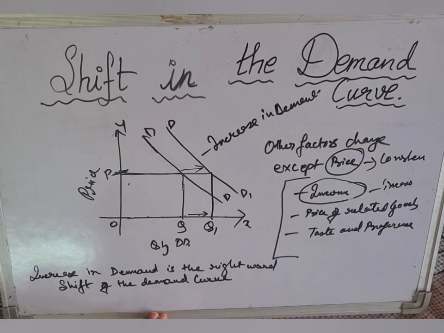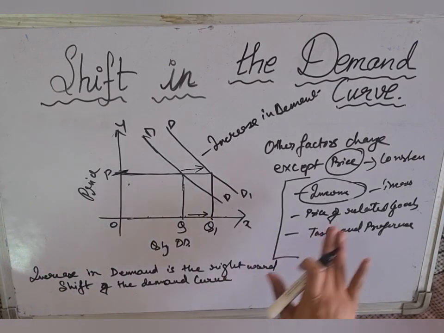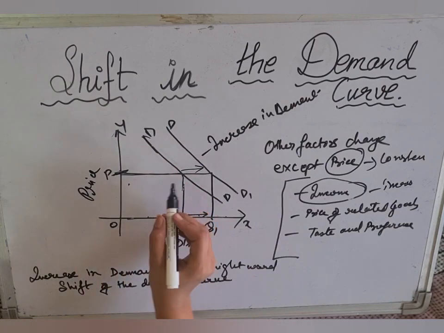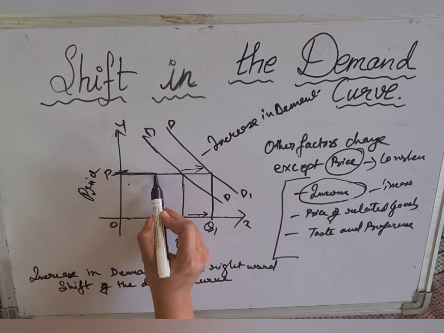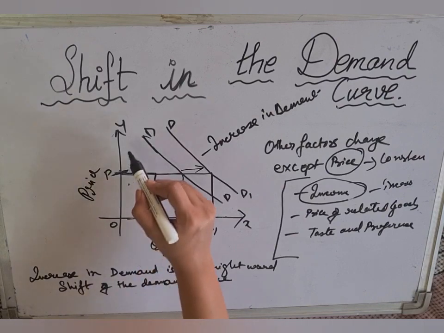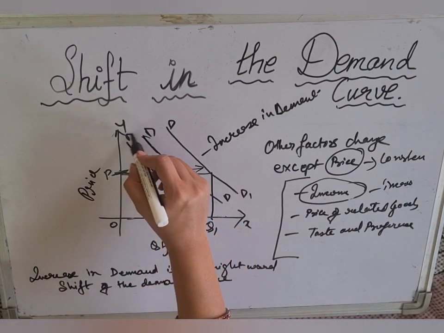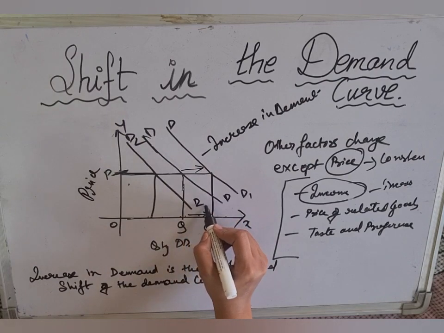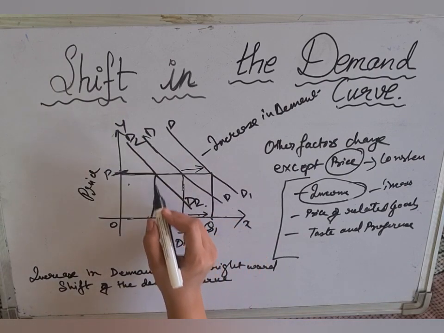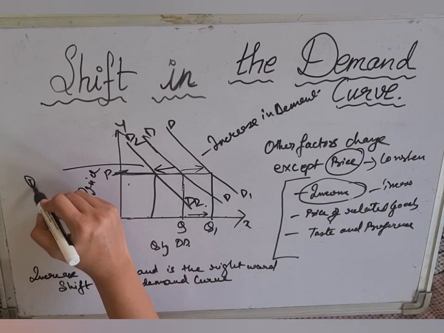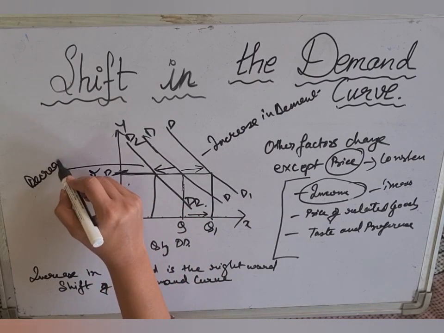Now we will see decrease in demand. Now say the income falls. If your income has fallen, then at a certain price you will buy less of a quantity. If you have less money, you will buy less. So this is D2, the demand curve will shift to the left. This is decrease in demand.